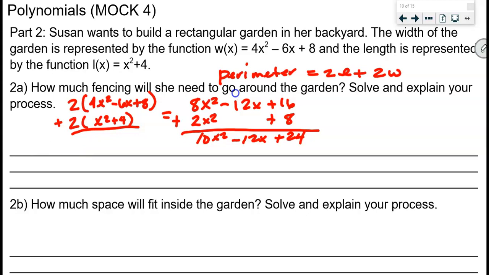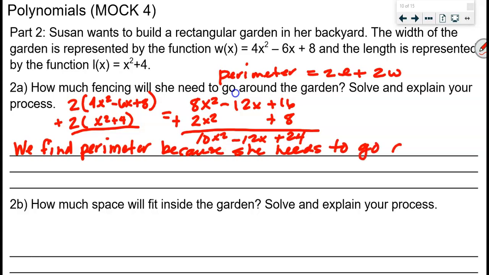So we're going to say we find perimeter because she needs to go around the garden. Okay, and then we can explain how she did that.